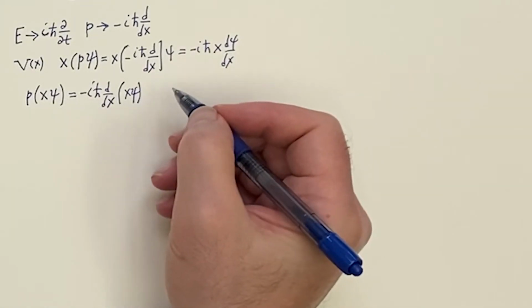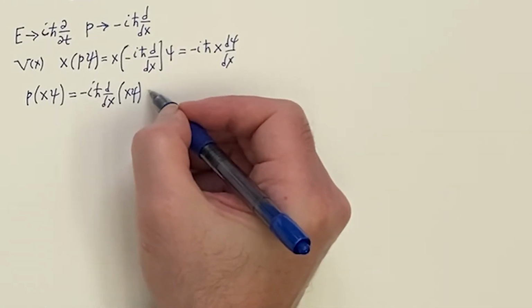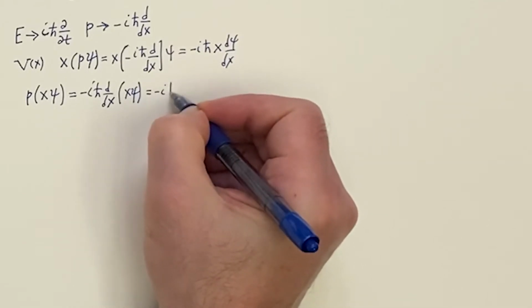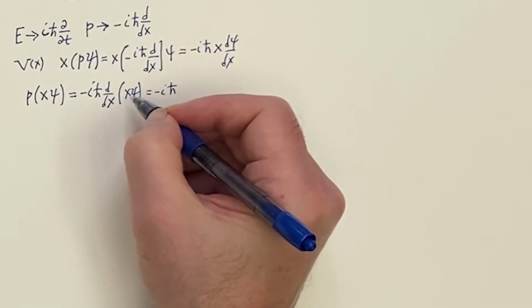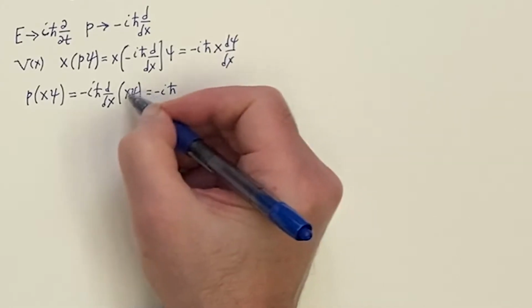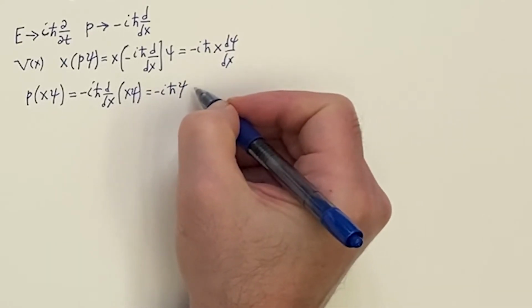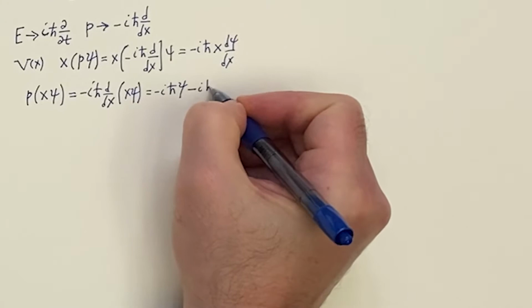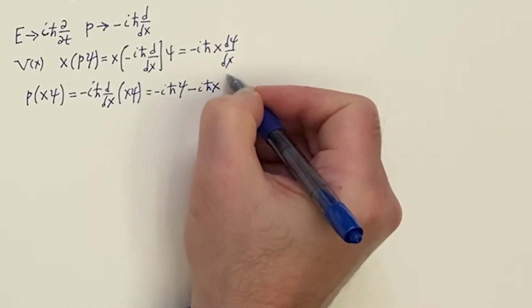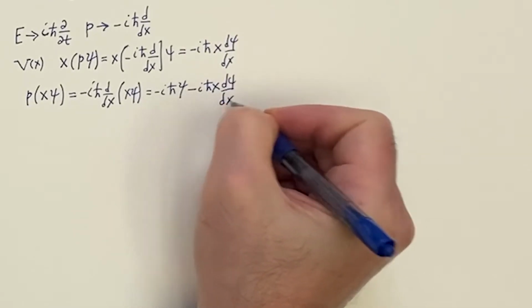Now we're going to be using the product rule. So this is minus I h bar, take the derivative of the first one, is going to be a 1, and you'll get this. And then if you take the derivative of the second one, you'll have that.